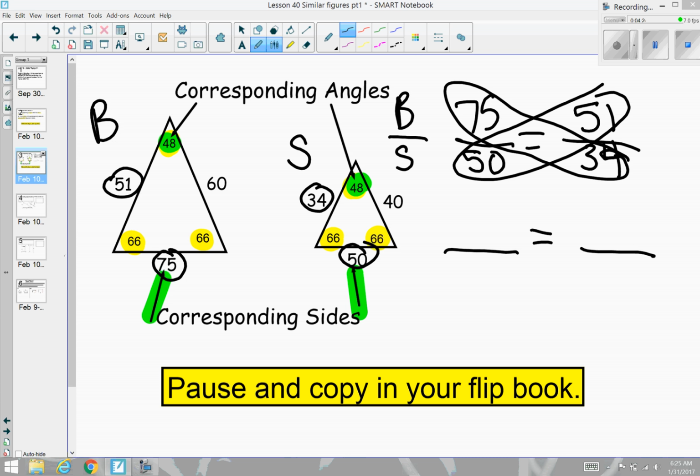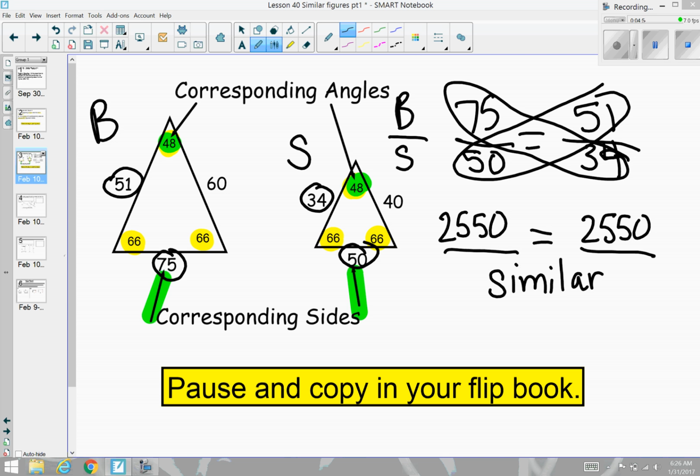So if we multiply 75 times 34, we get 2,550. All right, and if we multiply 50 times 51, that one also is 2,550. So again, if we cross multiply and they're equal to each other, then they're proportional, and in this case that means they are also similar.